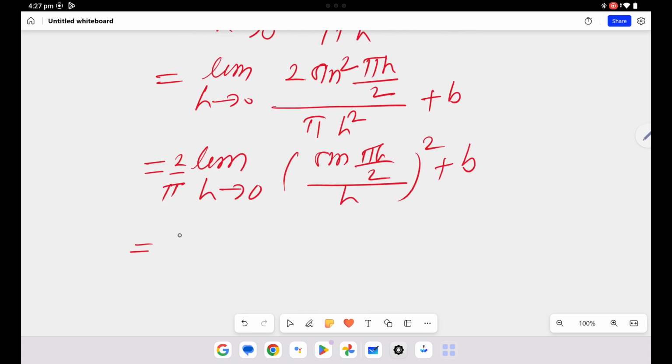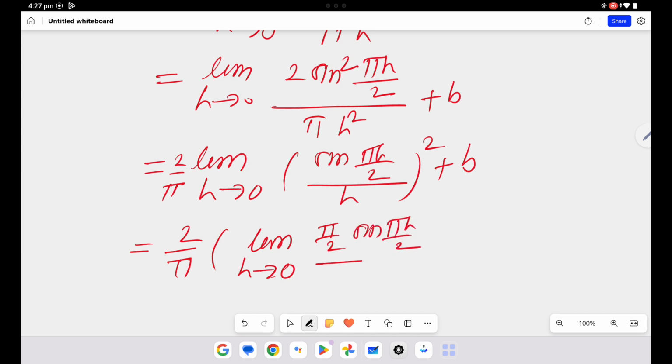This is 2 upon pi, then in bracket limit h tends to 0. Here multiply numerator and denominator by pi by 2, so right here pi by 2 sin pi h by 2 upon pi h by 2 whole square, plus the constant term that is b.